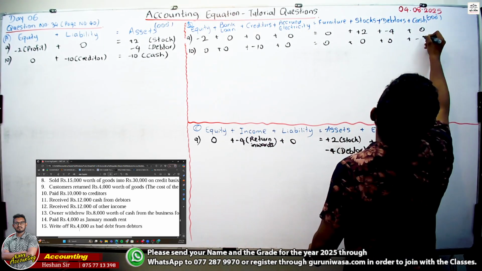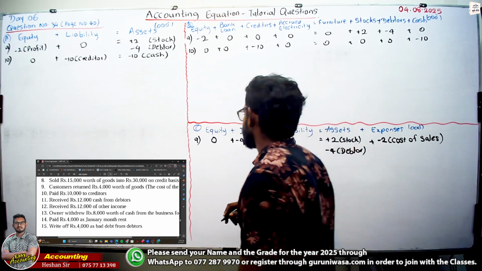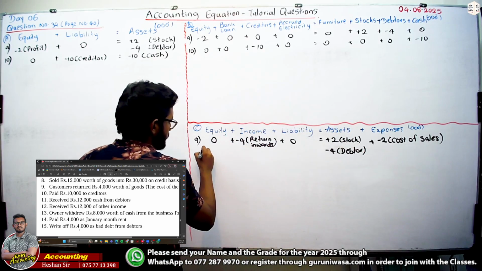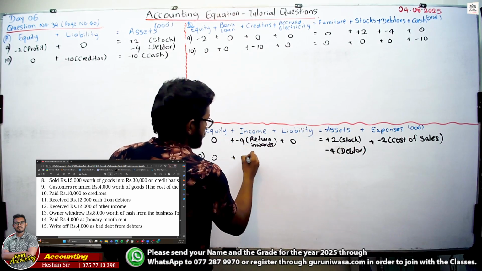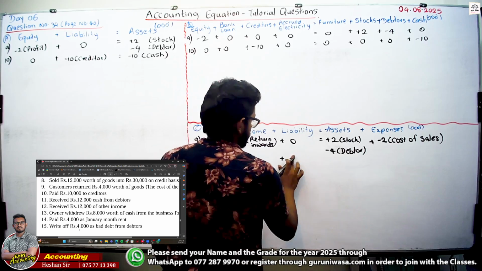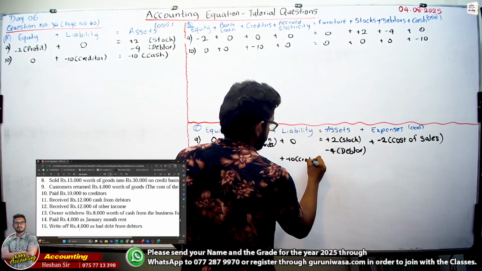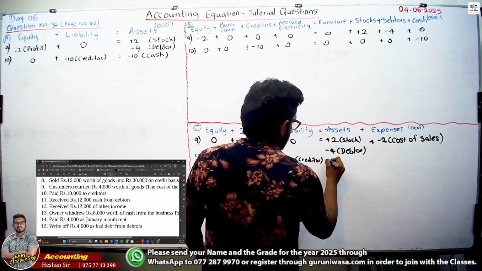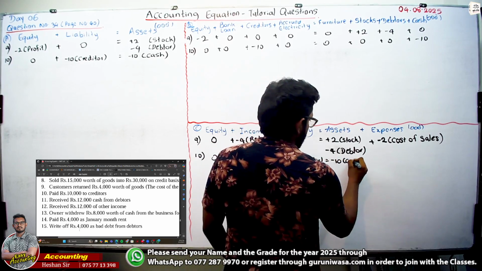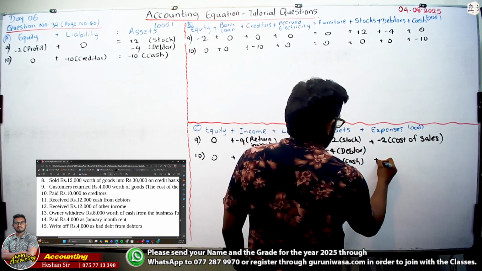Our cash assets also decreased by 10. Minus 10 as creditor. Cash minus, asset decrease 10 as cash.